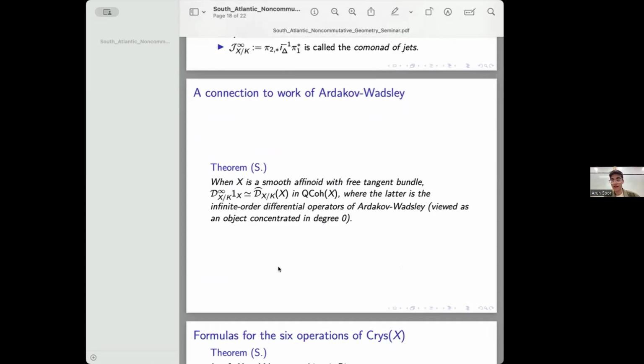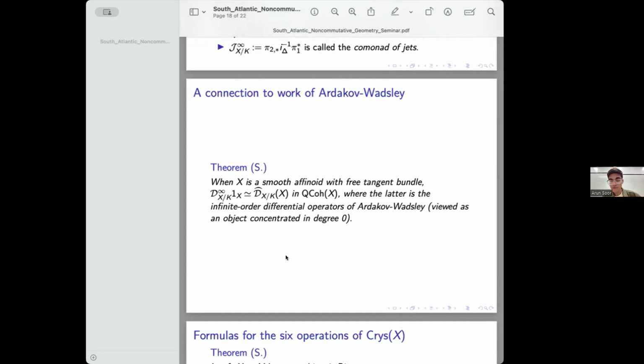And then we can look at the action of this endofunctor on this unit object. And it turns out that in that setting, it gives you back this thing D-cap X, these infinite order differential operators, which were considered by Ardakov and Wadsley. So QCoh X, you remember, if X is affinoid, is just chain complexes. So we just view that as an object concentrated in degree 0.